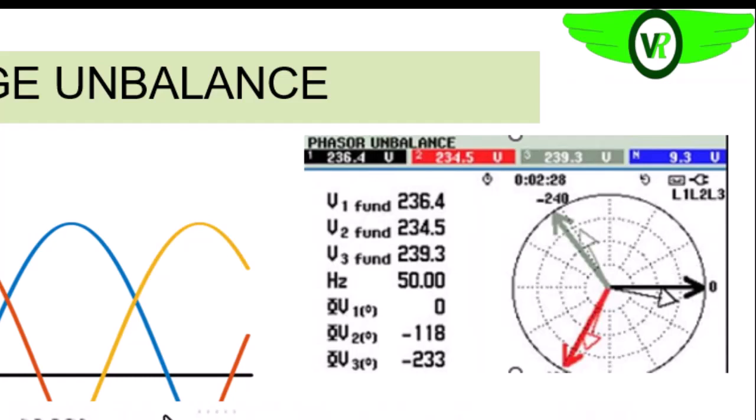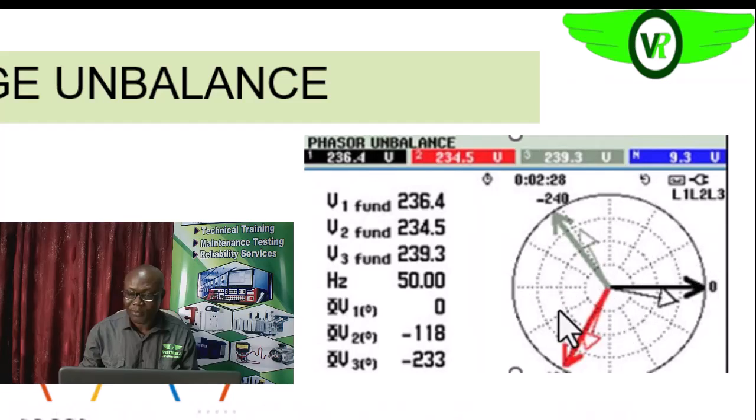If you also look to the right, you will see the phasor diagram, and you see the phase angle. They are not entirely in phase, and this is what is shown on the left. The first one is 0, but the second one is not 120, we are having 118, and the third one is not 240, we are having 233.